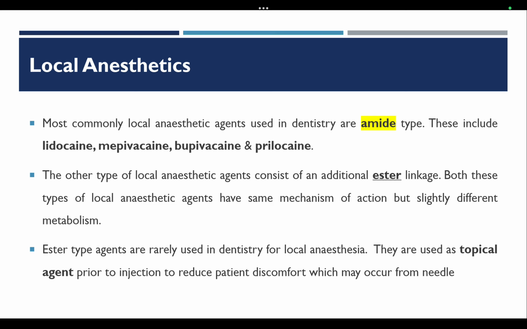Examples are lidocaine, prilocaine, mepivacaine, and bupivacaine. The ester linkage type is not commonly used in the dental clinic. It's used as a topical agent prior to injection that can reduce the pain or discomfort that comes from the needle.